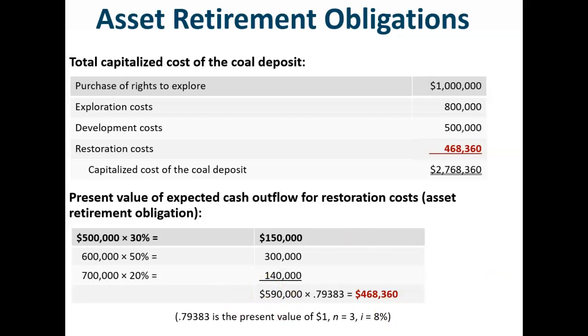If the actual restoration costs are more than $590,000, we will recognize a loss. If the actual restoration costs are less than the $590,000, we will recognize a gain on the retirement of the obligation.